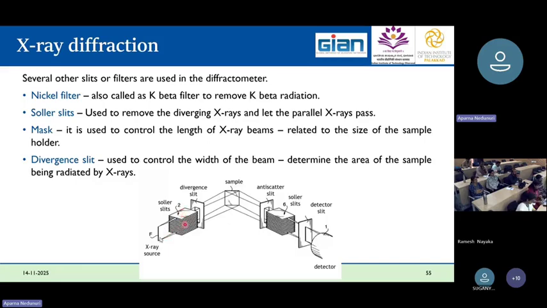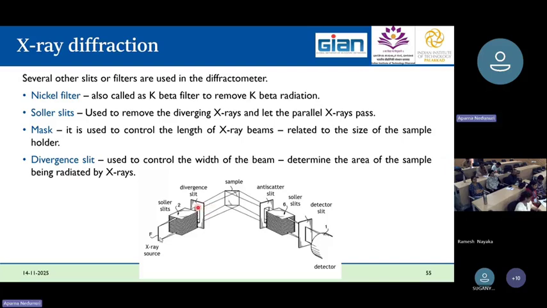Solar slits will ensure that only parallel X-rays are passed through. The X-rays passing through the solar slit will then move through another slit, which is the divergent slit.